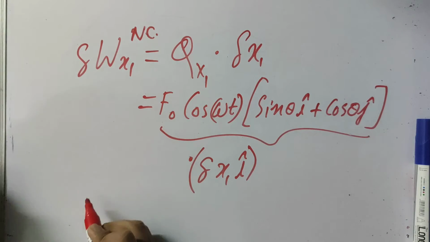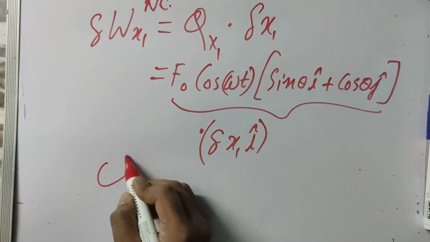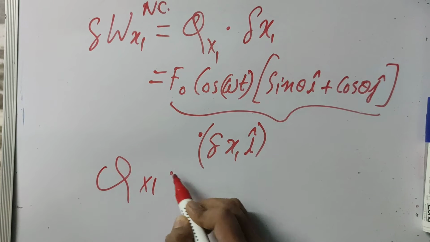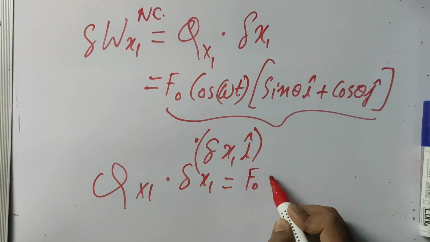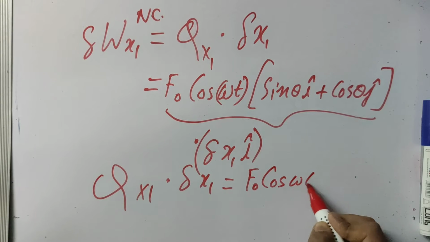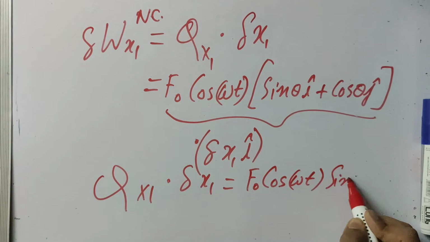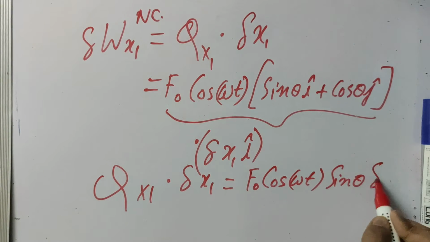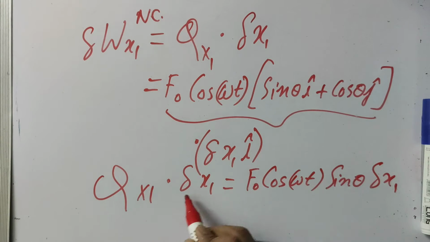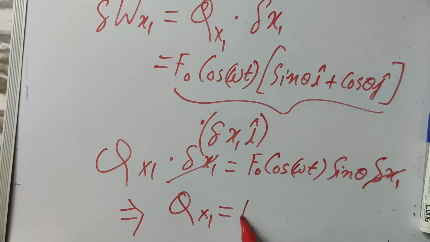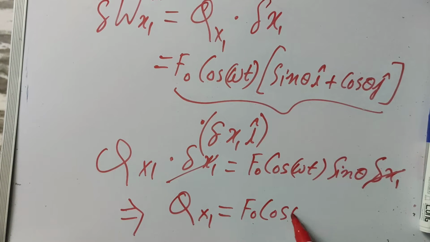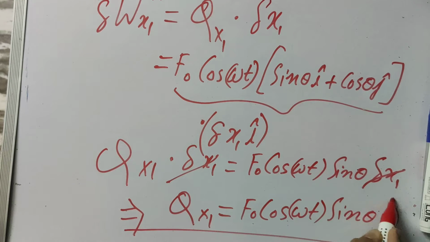So what you get is that Qx1 dot del x1 is equal to F0 cos omega t sine theta del x1, right? You cancel the del x1s, and you basically get your RHS as Qx1 equal to F0 cos omega t times sine of theta. This is your RHS.